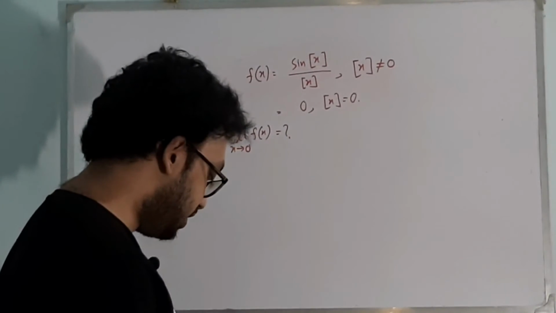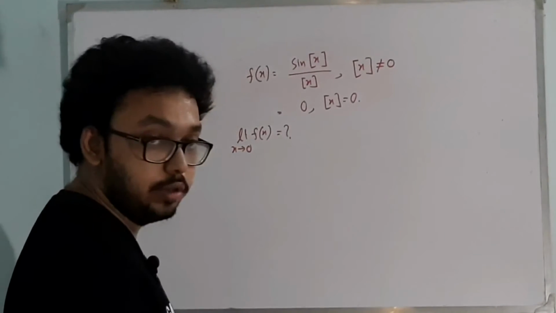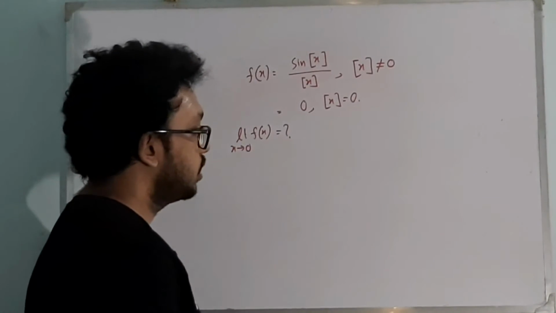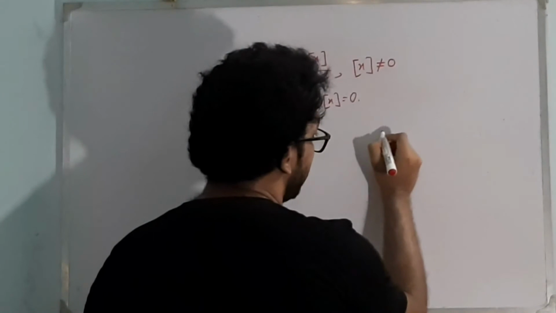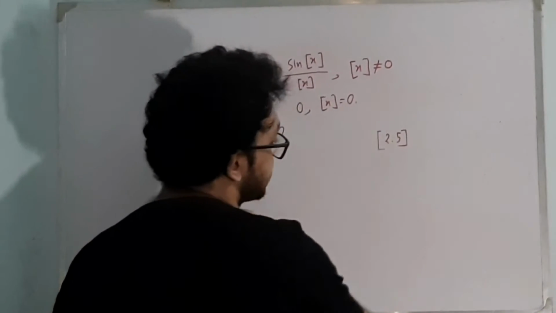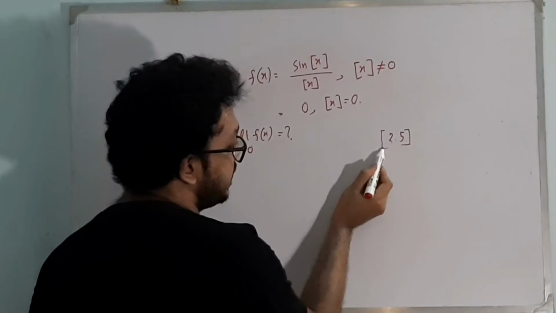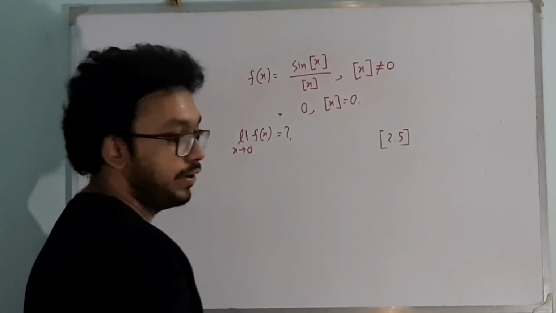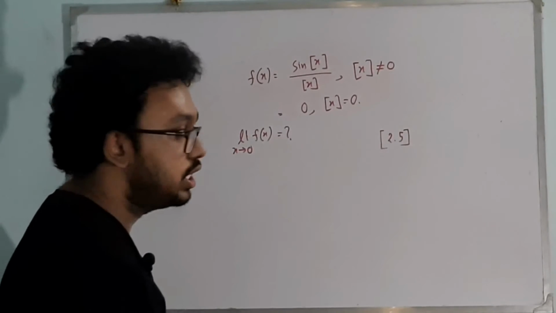So I hope that each and every one of you knows what we mean by greatest integer function. Suppose we have a number 2.5 and we have to find out the greatest integer function of the number 2.5. How do we find this?